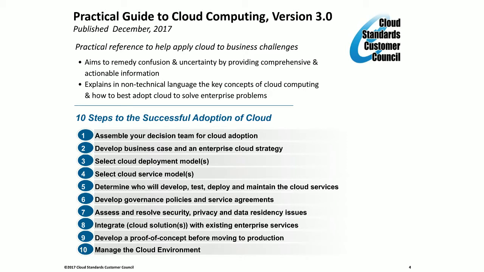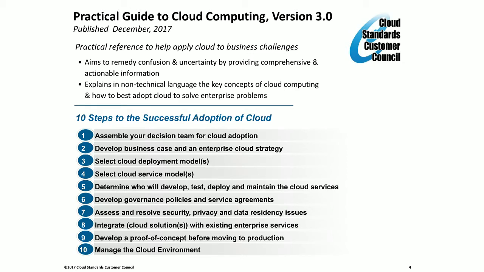My name's Bill Van Order, and I'll be going through the initial sections of this paper and what it outlines, and then be passing the mic over to Mike Edwards and Carolyn Schock. So as Tracy indicated, this is version 3 of our seminal guide, Practical Guide to Cloud Computing. And one of the strengths I see in this paper is that it provides both a comprehensive and actionable set of recommendations for how to implement a cloud computing strategy.